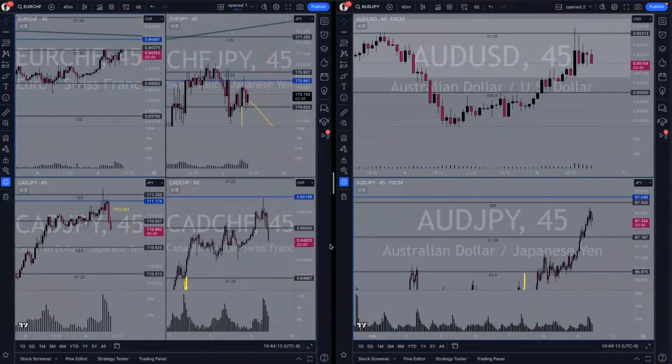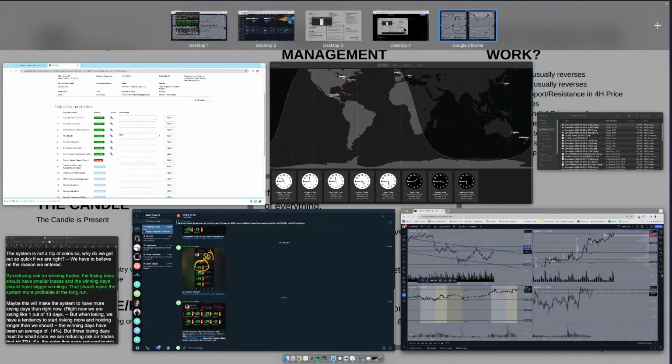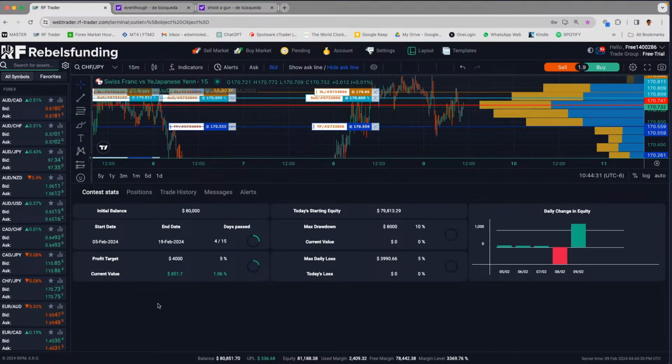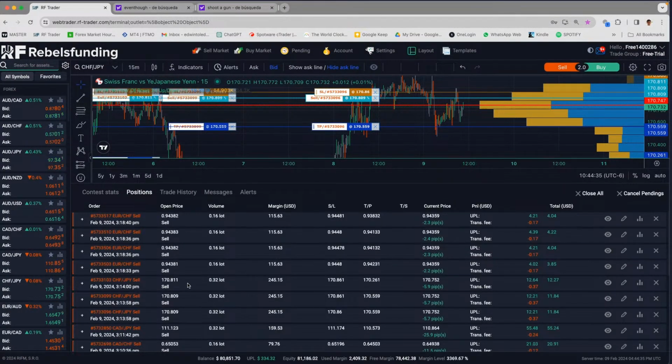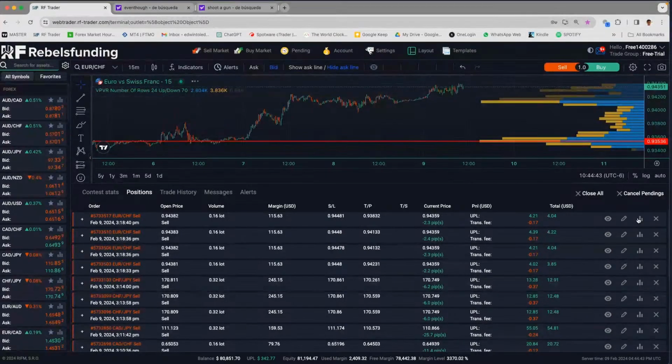Let's see what is going on. Thankfully, AUD USD is kind of going down. AUD JPY also. The only one that is getting shy is CHF JPY, and I don't think it even hit TP1. CHF JPY, yes, I think, no, yeah, CHF JPY didn't hit TP1.